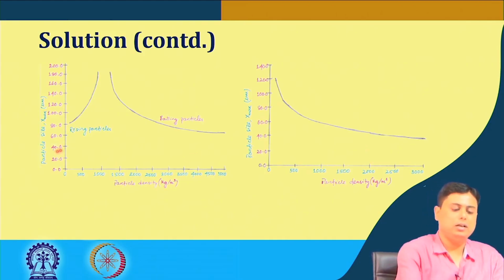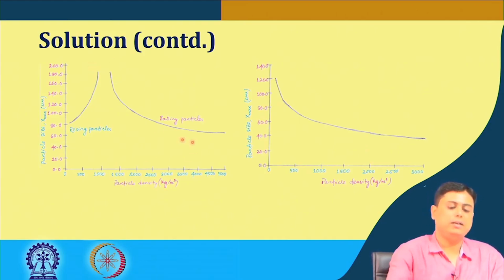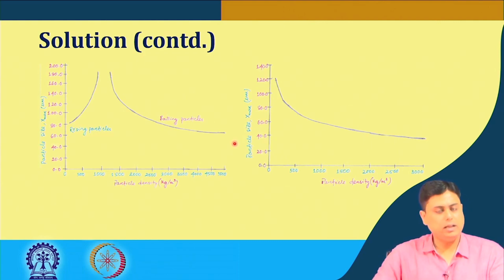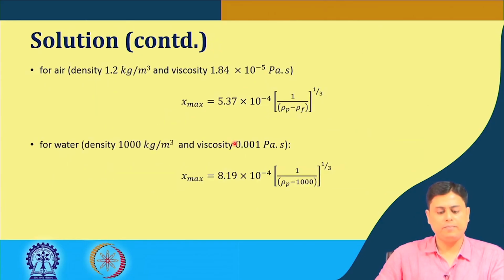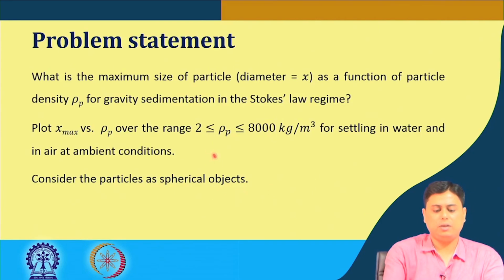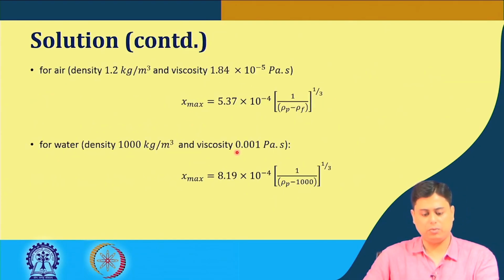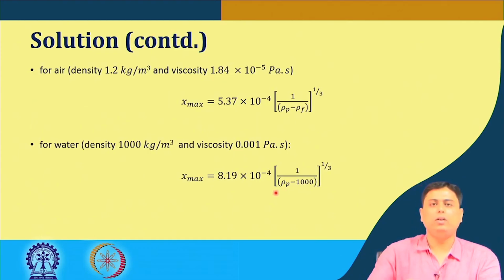There is a rising particle curve and a falling particle curve because the density of water is 1000 kg per meter cube, while the particle density range asked is 2 to 8000. So up to 1000 kg per meter cube the particle will not settle, it will rather rise.